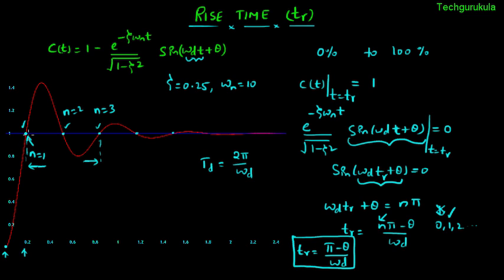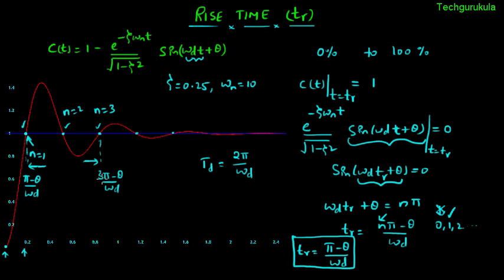So if we can find the value at this point and at this point, and subtract them, we should get exactly 2 pi by omega d. At this point the value is pi minus theta by omega d. Now for n equal to 3, we have 3 pi minus theta by omega d.